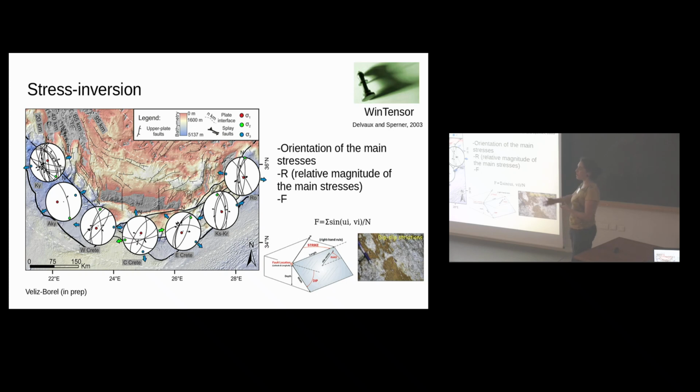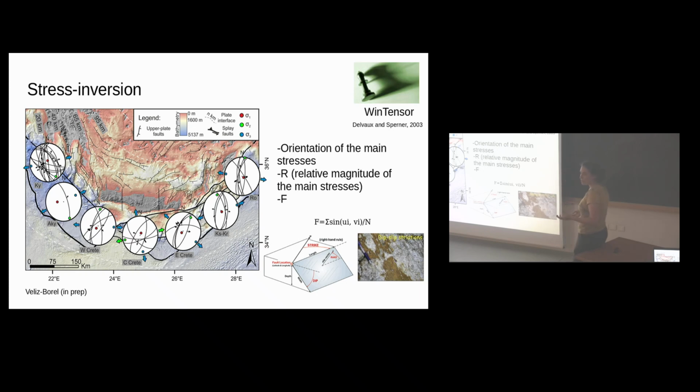So if I make an inversion, and one particular fault accounted for in the inversion has an angle between predicted and observed slip of 50 degrees, it means that this fault did not rupture under the stress state that I calculated. If the F value is too high in general, then the stress inversion I did yielded a stress state that probably never existed on the island.